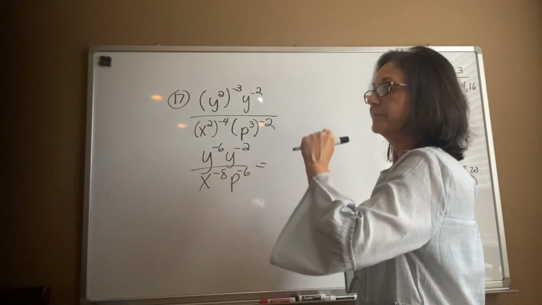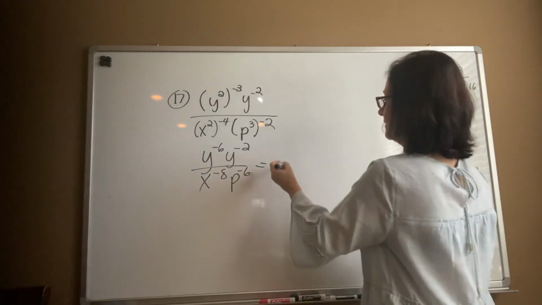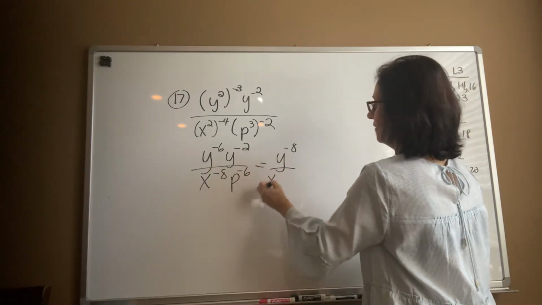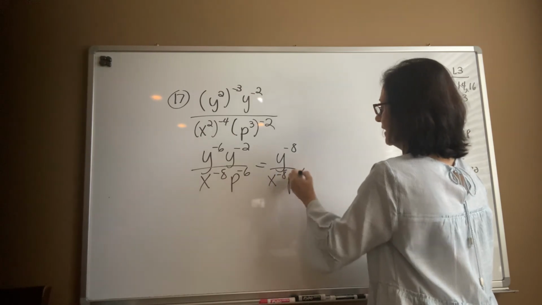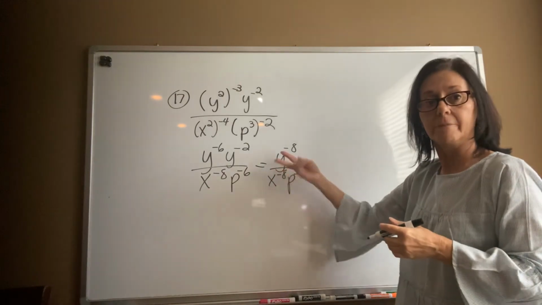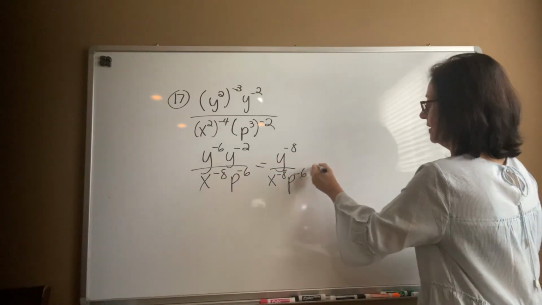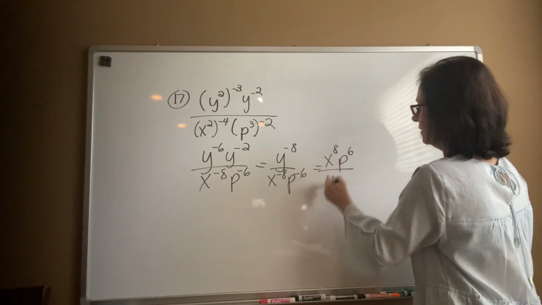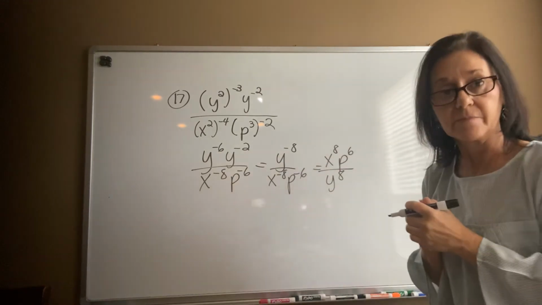Multiplication is addition. Negative 6 plus negative 2 is negative 8 over x to the negative 8, p to the negative 6. All of our variables are negative. Let's just flip it and make it positive. So my x becomes positive, my p becomes positive, my y exponent becomes positive.